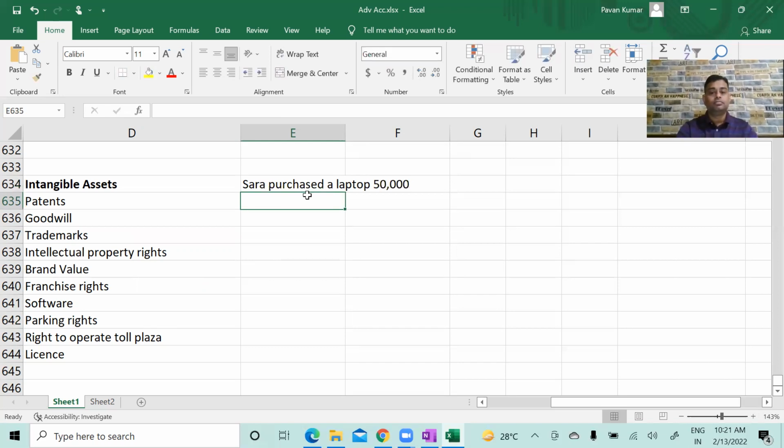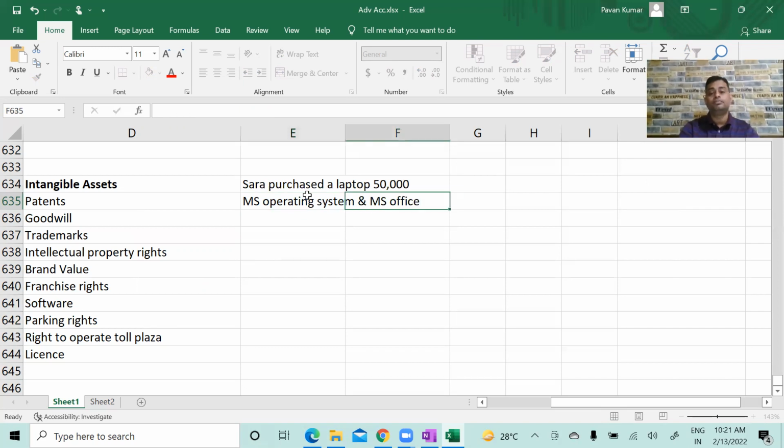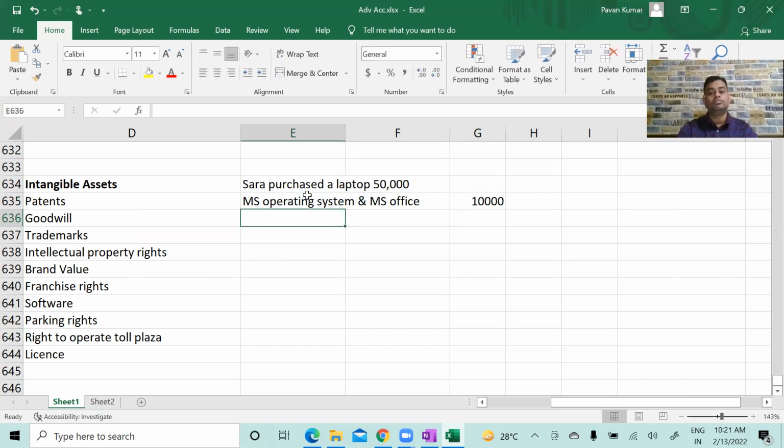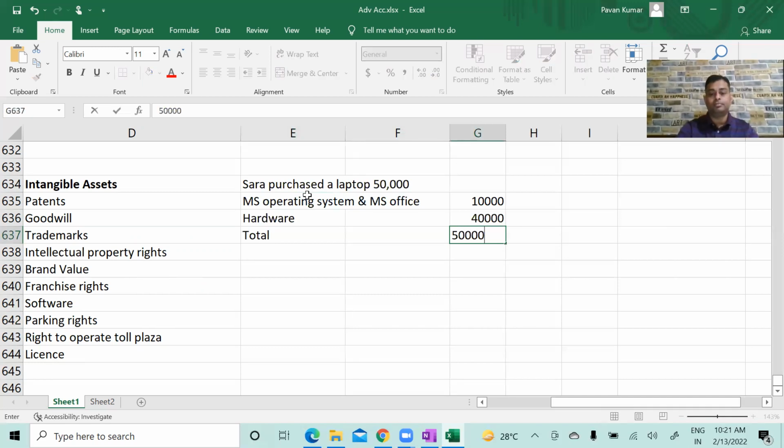Okay. So in that, Microsoft operating system and MS Office they have given free. This is 10,000. Hardware 40,000. Total, how much you paid? 50,000. 50,000.